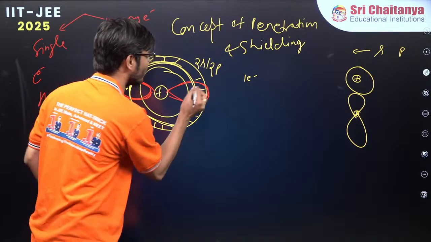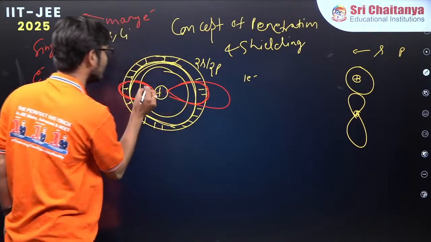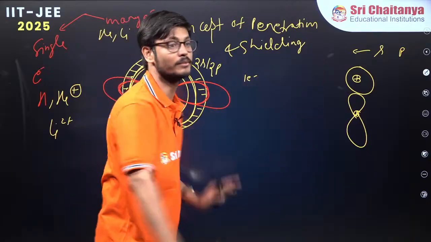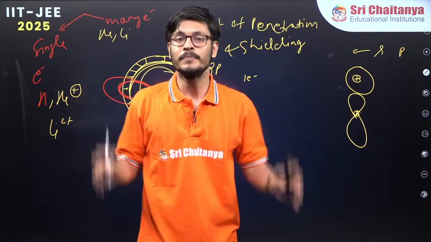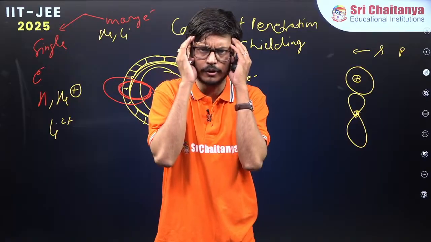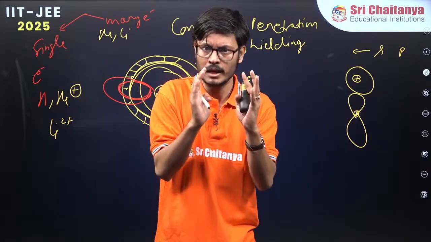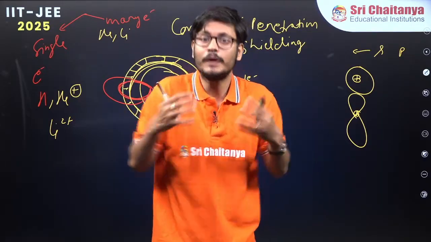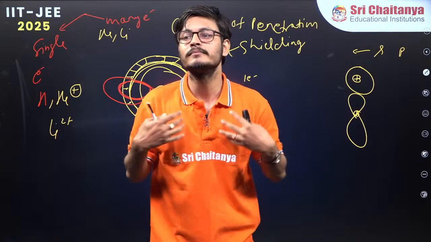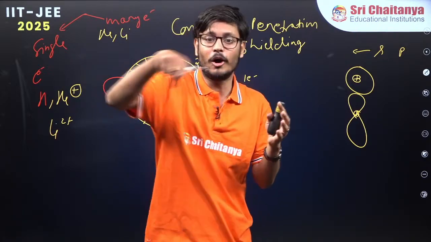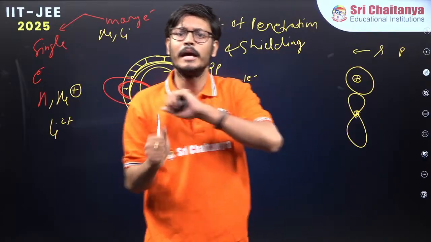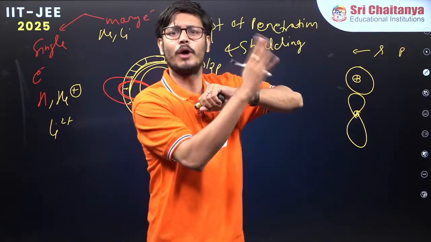So the p orbitals will be thrown away from the nucleus. Listen to me carefully. As S comes closer, it wants to experience the nucleus more. It wants to have more attraction with the nucleus. So the electron of P will be kicked: hey, P, you go outside.